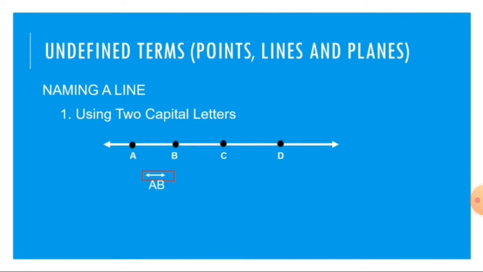So, that's one. Another name of that line is line AC. So, you will notice walang kinalaman ng distance. Hindi rin kailangan magkalapit ang dalawang letter para ipangalan sa line. Ang importante, siya ay nasa isang line at siya ay dalawang capital letters. Another is line AD.